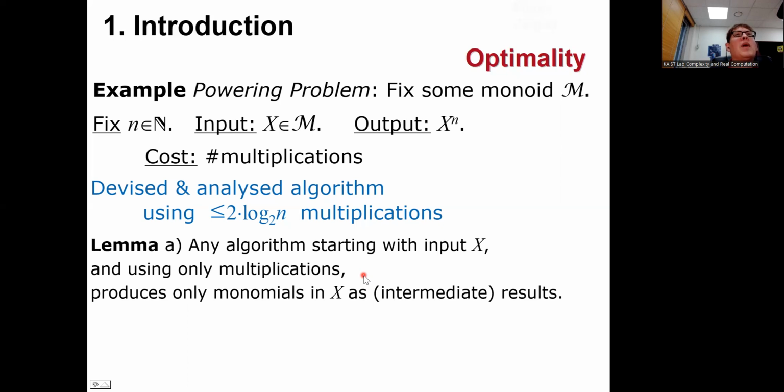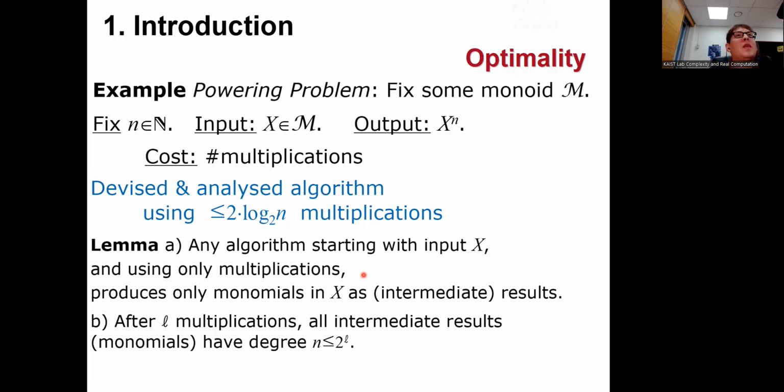Whenever the algorithm, after a certain sequence of operations, has produced a collection of intermediate results and then in the next step chooses two of these intermediate results to multiply with each other, the result will again be a monomial, right? Monomials are closed under multiplication anyway, so that's obvious.